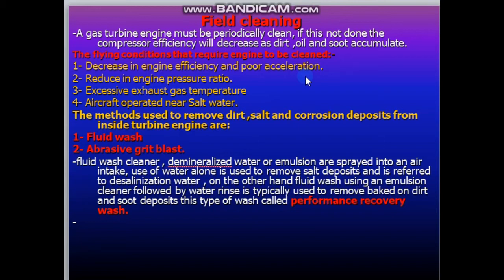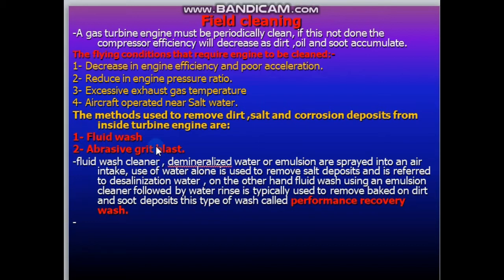What are the methods required to make cleaning for the aircraft? We have two methods of cleaning. The methods used to remove dirt, salts and corrosion deposits from inside the turbine engine are fluid wash and abrasive grit blast.